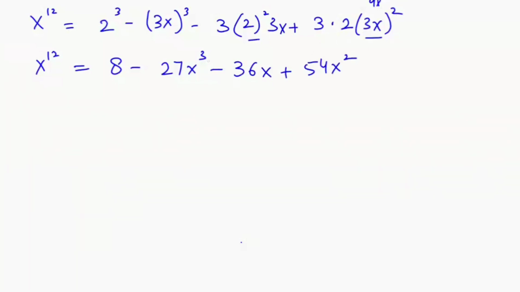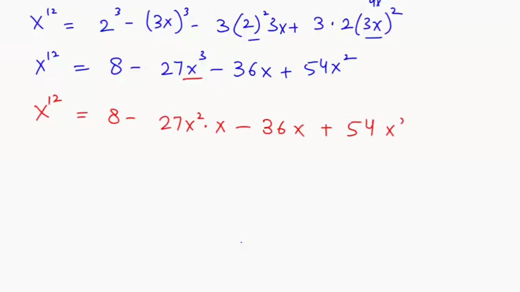Now in the next step, I'm going to split this power, and here I'm going to write x to the power of 12, 8 minus, I'm going to write 27x squared times x minus 36x plus 54x squared.